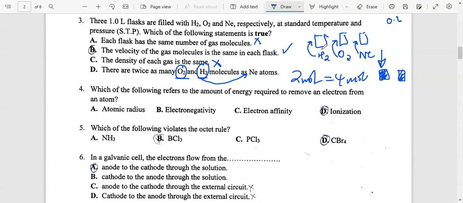Because they're all gas molecules, they are all able to move freely in these containers by themselves. So the velocity of the gas molecules is the same in each flask. All right. Question number 4.